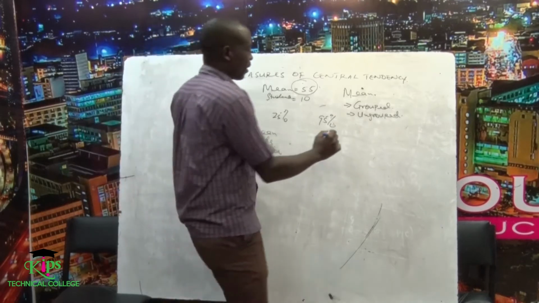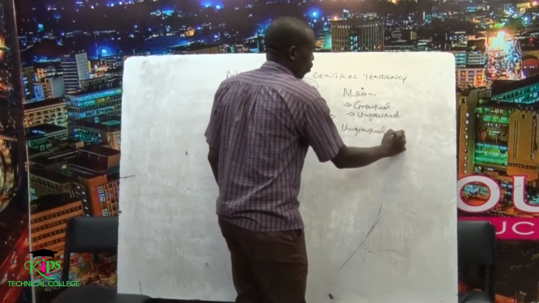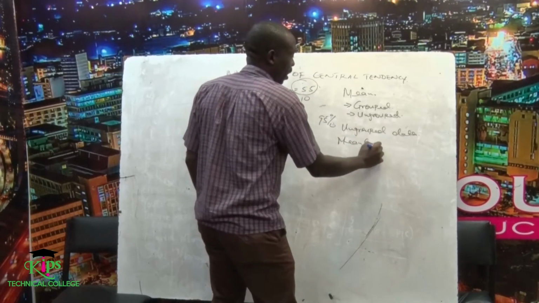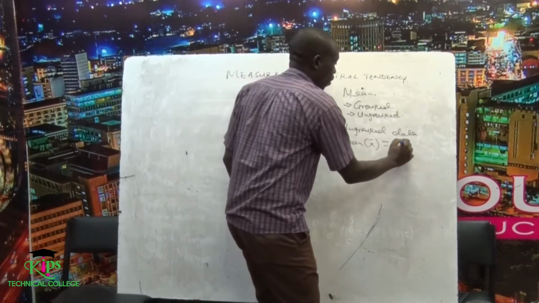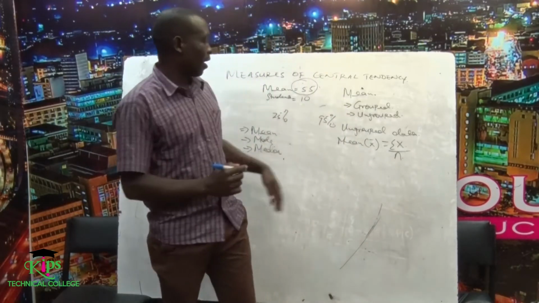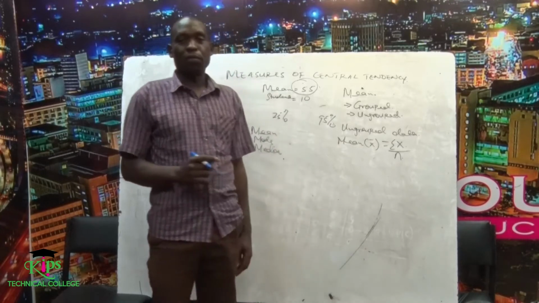For ungrouped data, the mean, which is normally denoted by x bar, is given by the sum of x over n, where x are the values that you are given, and n is the number of observations.